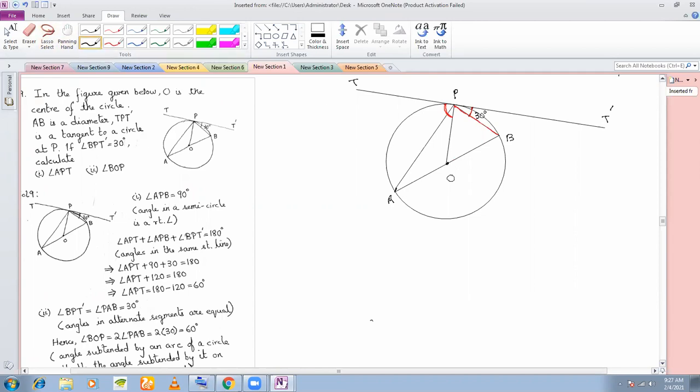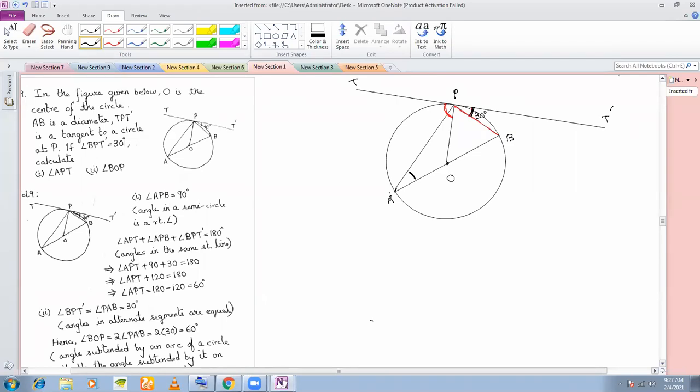So which one should be the corresponding angle in the major segment? PAB. This angle here should be the corresponding angle in the major segment.